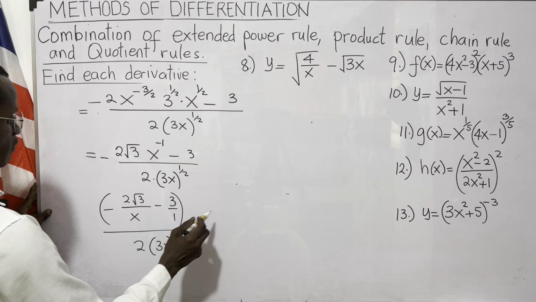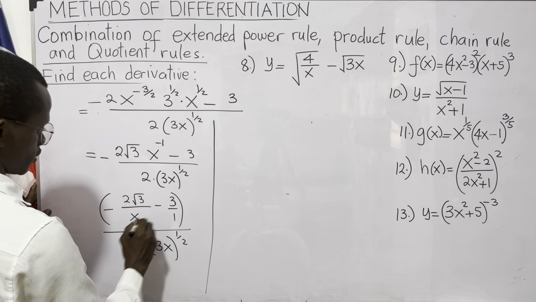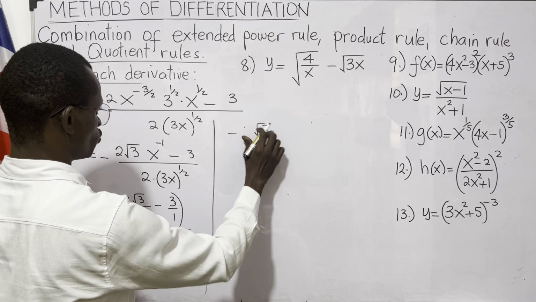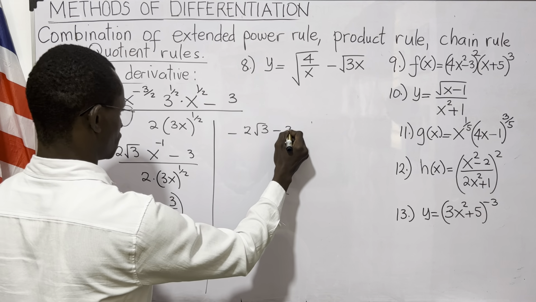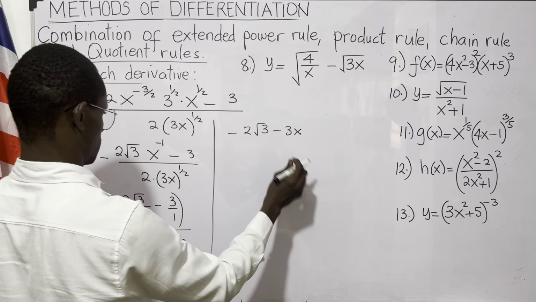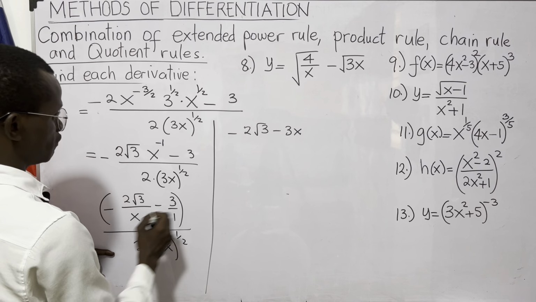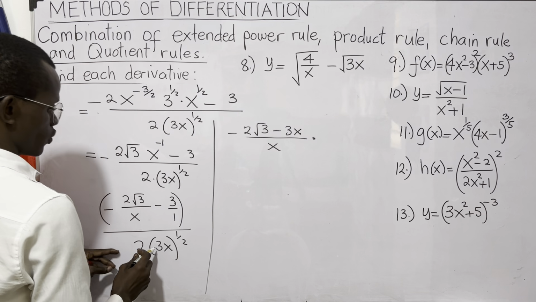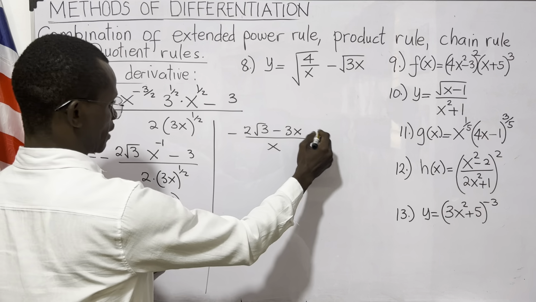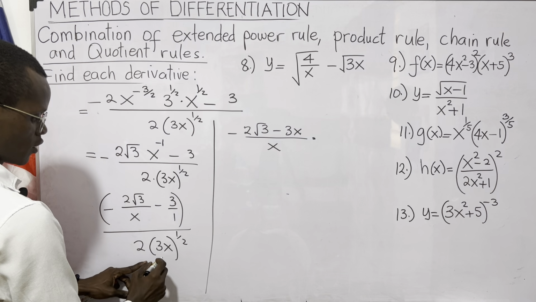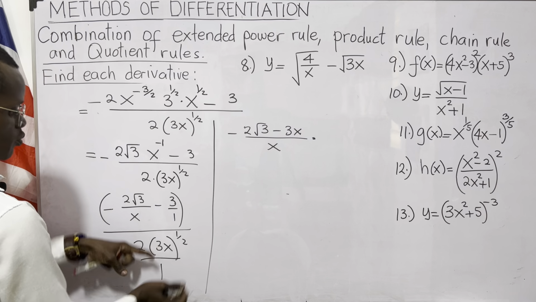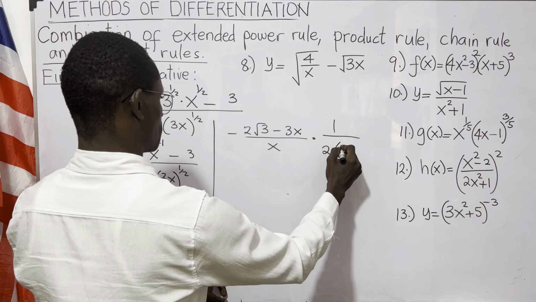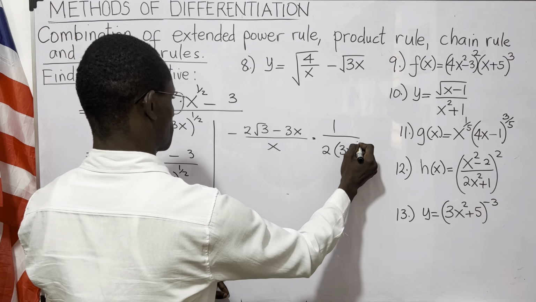So this and this will give us minus 3 the root of 3 minus 2 the root of 3 minus 3x, and then divided by x times. So this is already divided by this expression. So if we reciprocate, it becomes 1 all over 2 times 3x raised to the power 1 over 2.